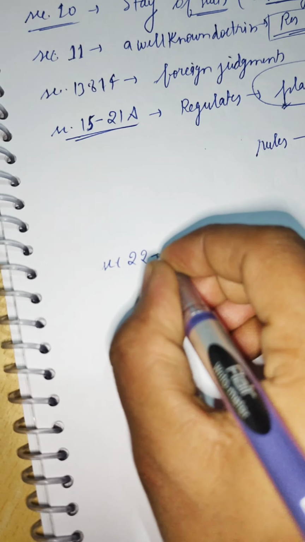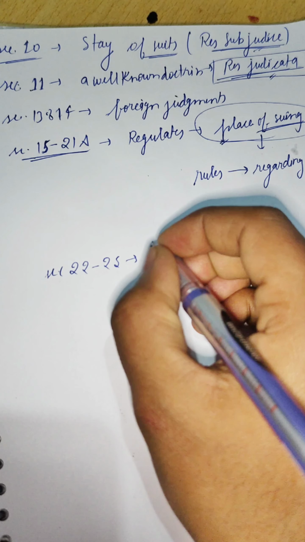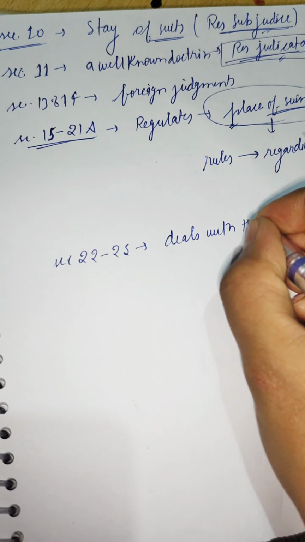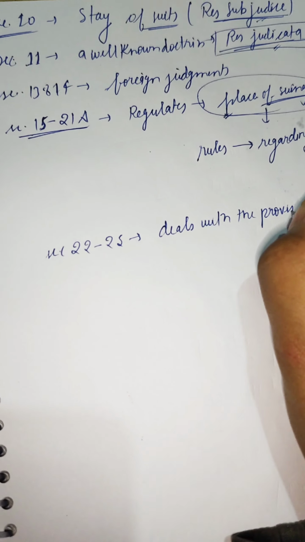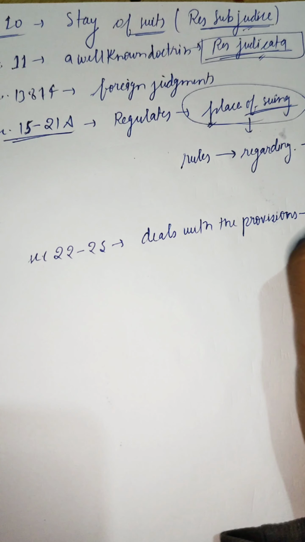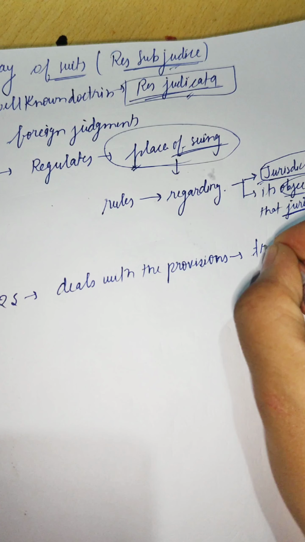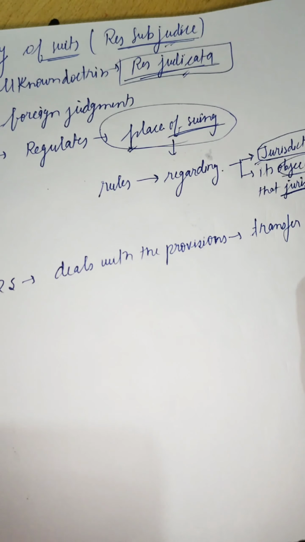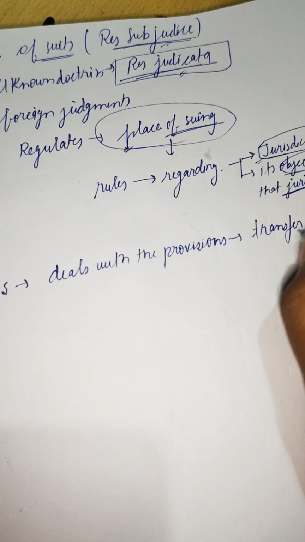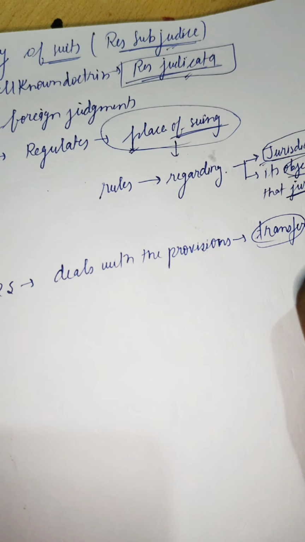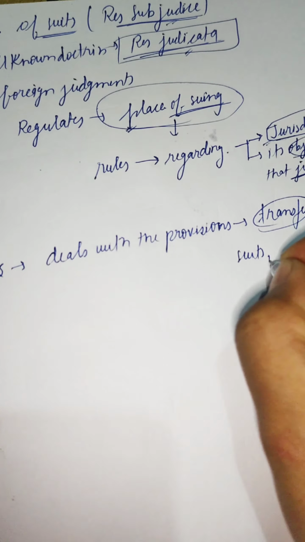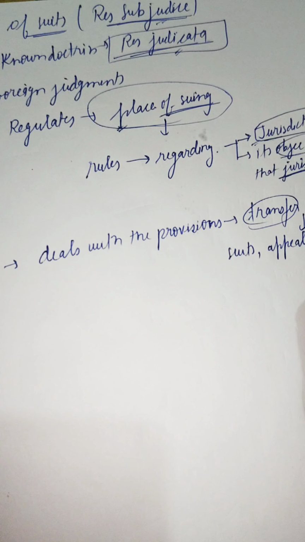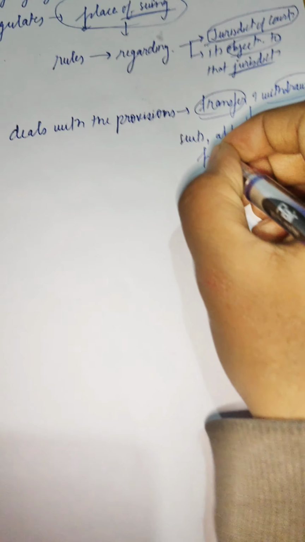Sections 20 to 25 deal with the provisions of transfer and withdrawal of what? Of suits, appeals and other proceedings.